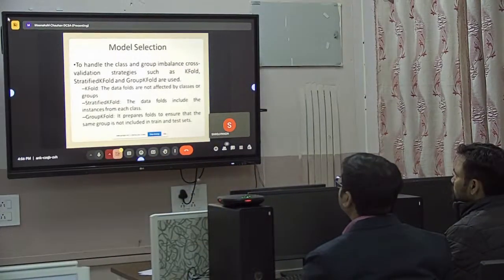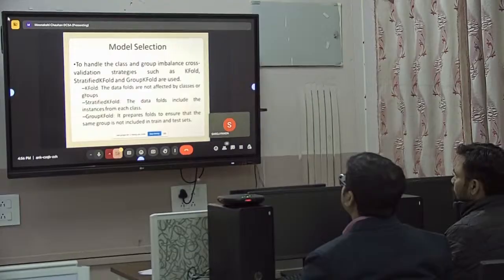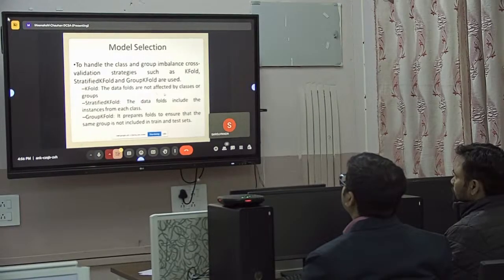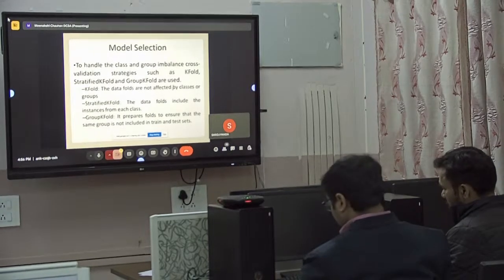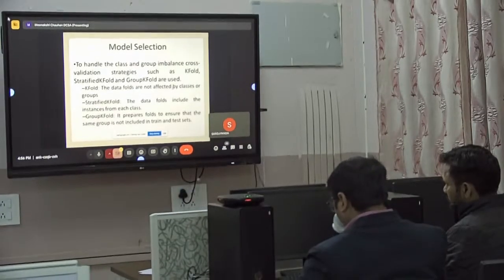Then for model selection, these are the 3 sampling techniques. First one is the K-fold. K-fold is not affected by data and groups. It generates a number of folds, among which K minus 1 are used for training the model, and the remaining one is used for testing the model.